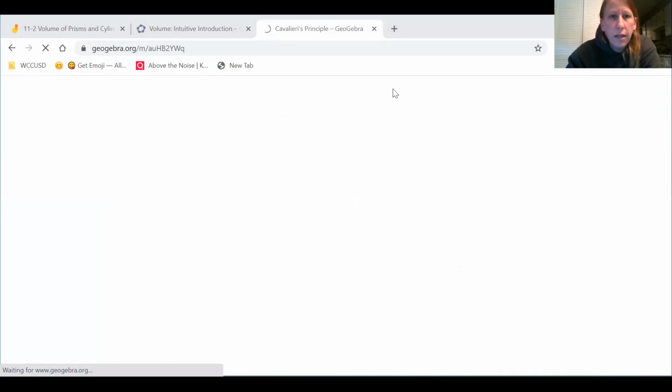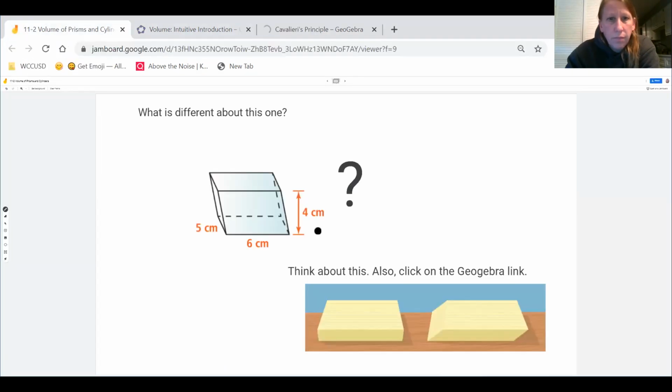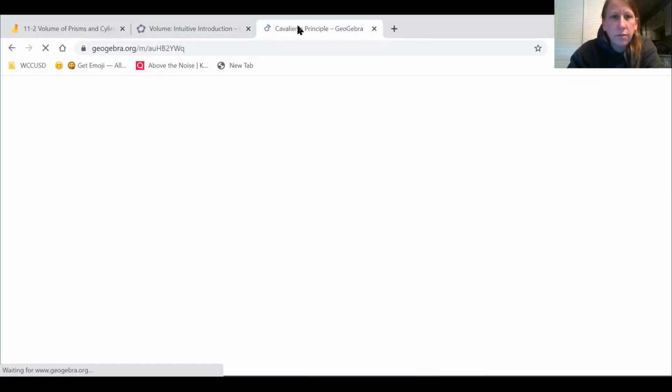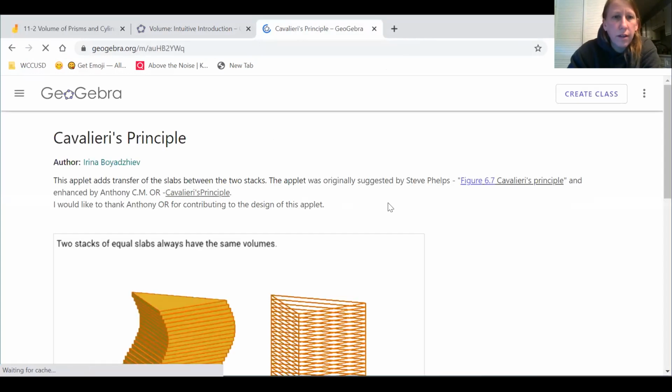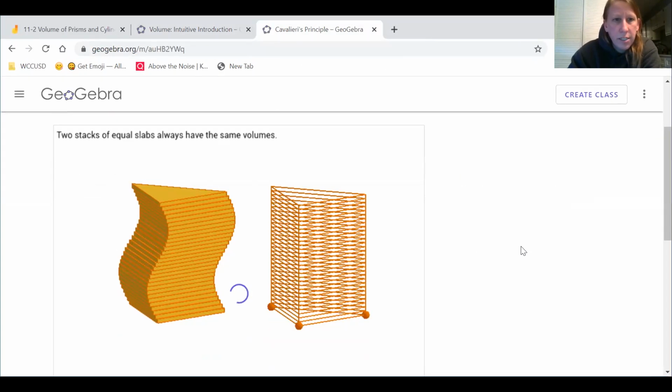He's an interesting guy. He was thinking about how two stacks of things are related, and could I just straighten it out and use that? It's really trying to load here. There we go. Here's Cavalieri's principle.